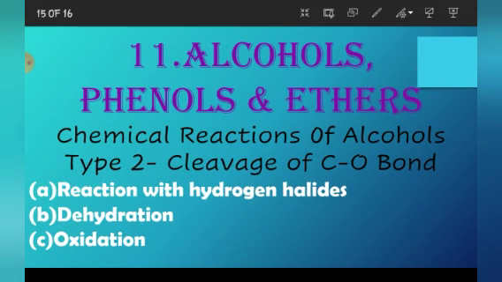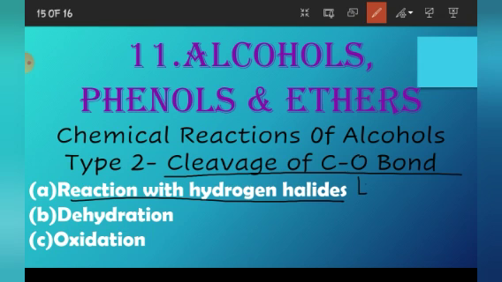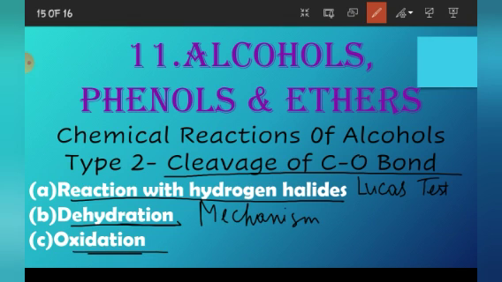Okay children, so we have covered type 2 reaction, cleavage of the C-O bond. First, reaction with hydrogen halides, where one important test is the Lucas test. Second, dehydration, where the mechanism is important. Third is oxidation.